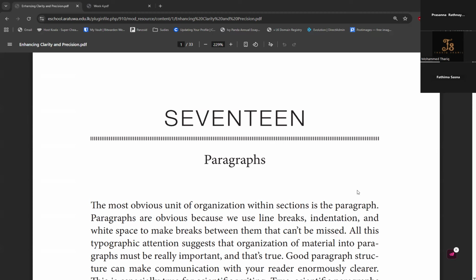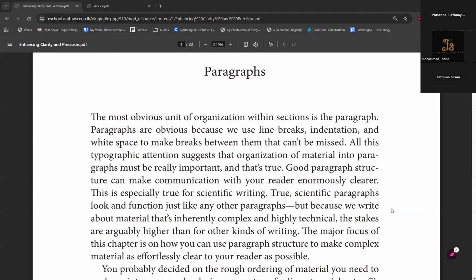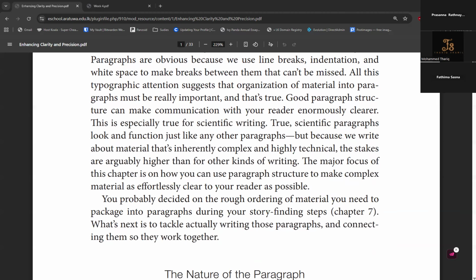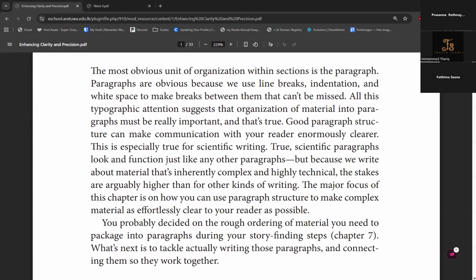It's a book written to guide scientists on how to write. From it I have taken chapter 17, which is about paragraphs. I'm giving you a minute to silently read what you can see on top. There are 2 paragraphs. Read them and be ready before I start my session.